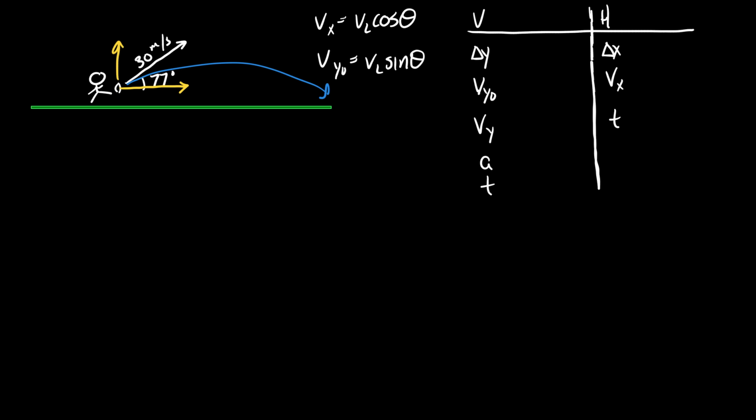Now, we're given the vector, 30 meters per second at 77 degrees, but only part of that velocity is being acted on by gravity. Part of it's not. You have to break it up into its components, which usually means placing the velocity in like this, making your triangle, and figuring out what your opposite and adjacent are.